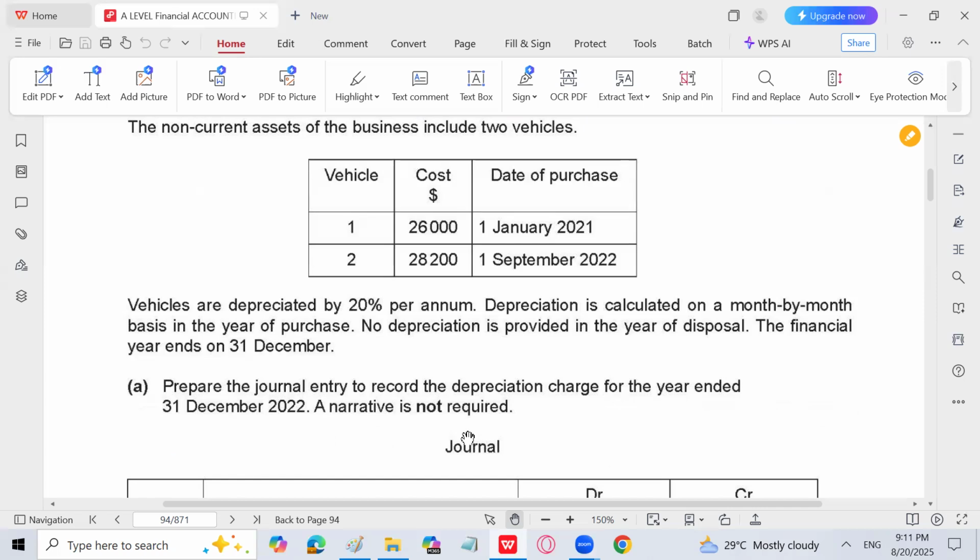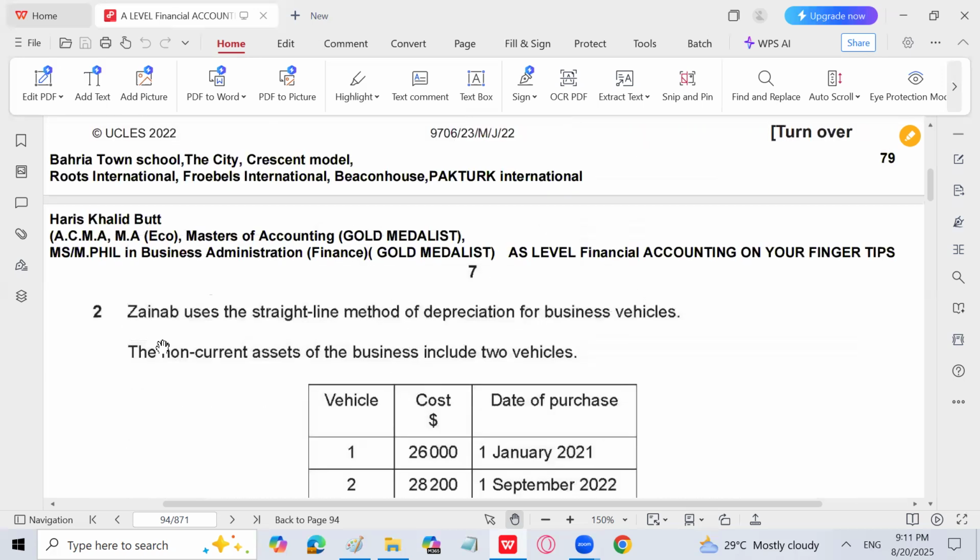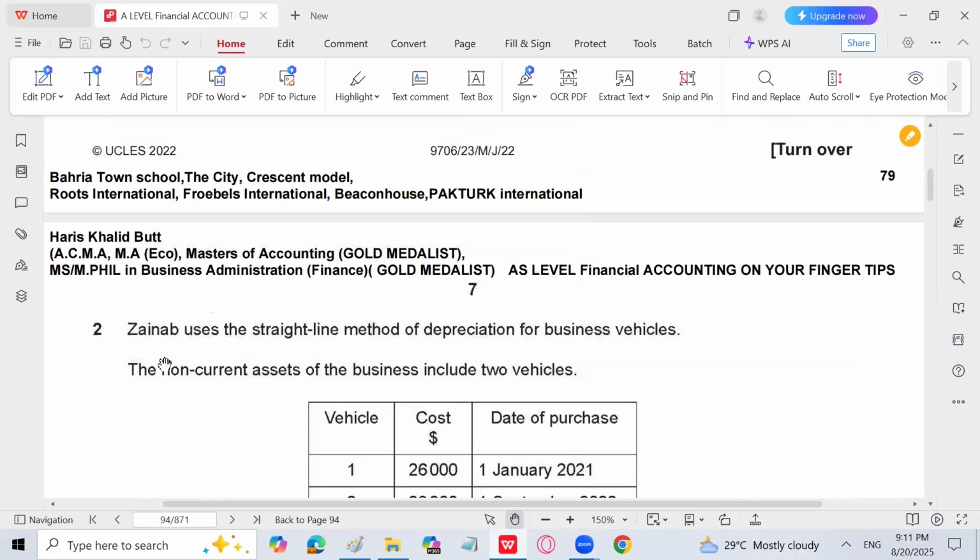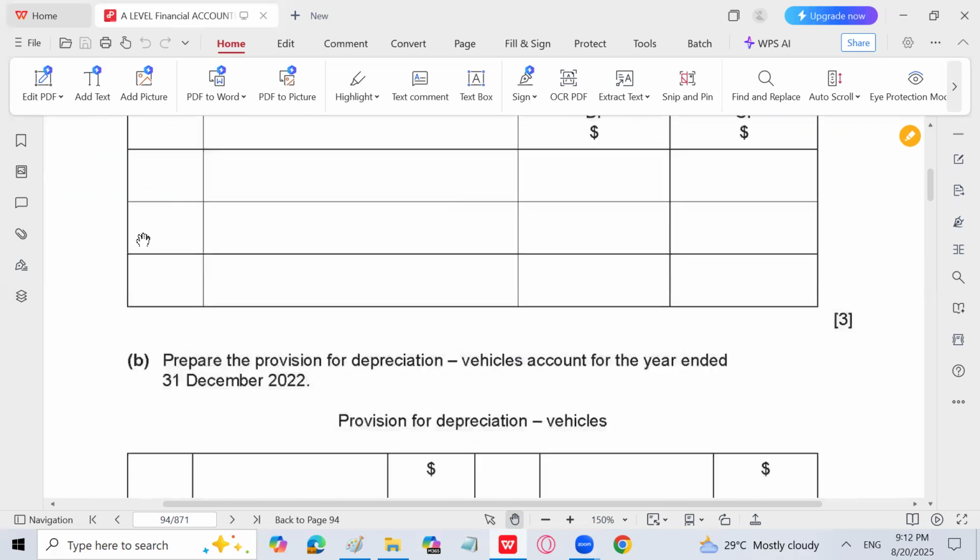Remember this: journal entries for depreciation came back in 2014, and then again in 2024. See, 10 years.